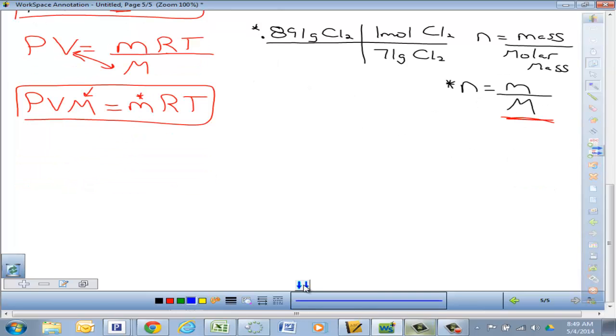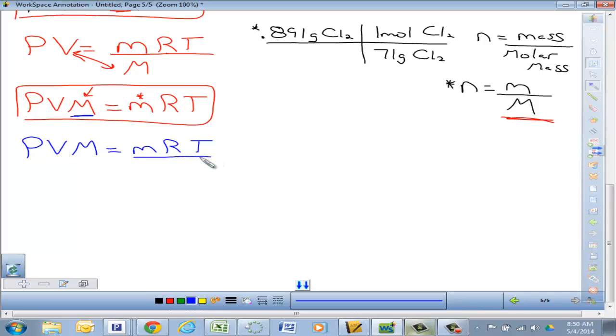The last thing I want to do is solve for our third ideal gas equation by isolating for M. PV big M equals little m RT. To isolate big M, since it's P times V times big M, I divide to get rid of those variables.